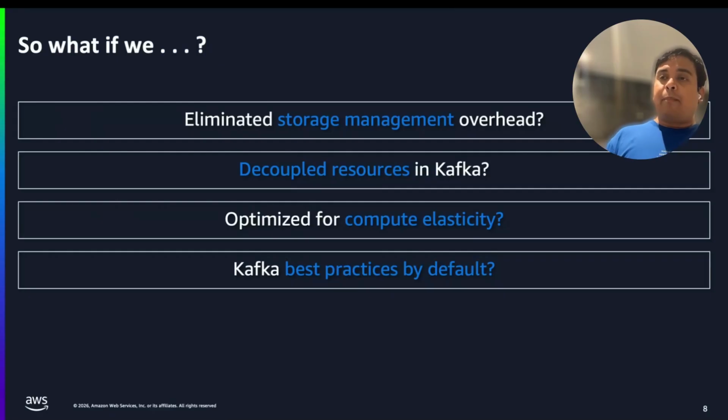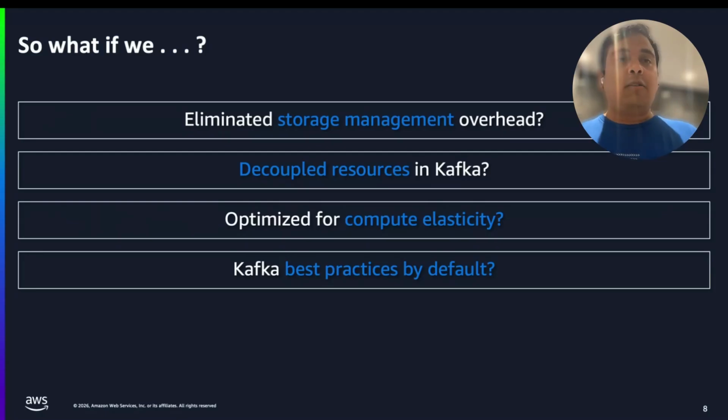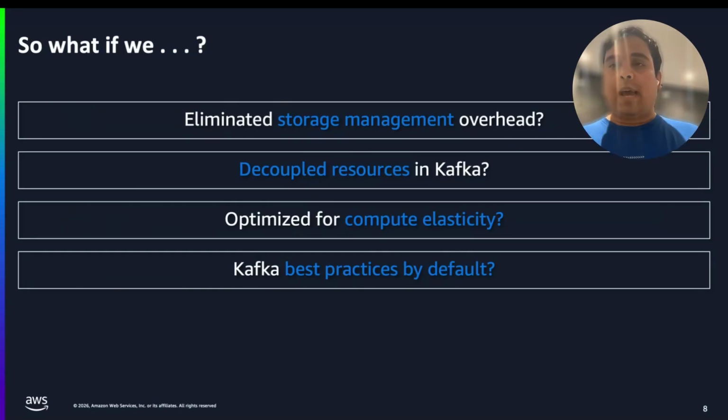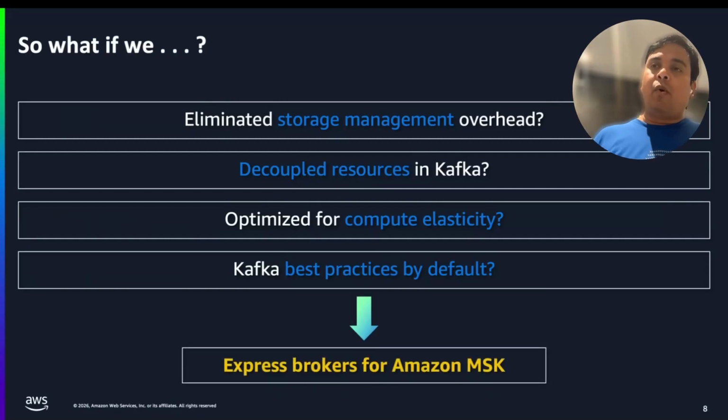So if you are operating a self-managed Kafka cluster and you are changing the broker type, you also need to think about changing those configurations of networks and IO threads to extract the performance out of the broker. And that means for every scaling, you need to make a change. And that's an operational burden over there. What if the cluster takes care of that so that even if you go from one broker to another, it automatically gets applied? And that's essentially four of these is the combination of what is Express Broker for Amazon MSK.